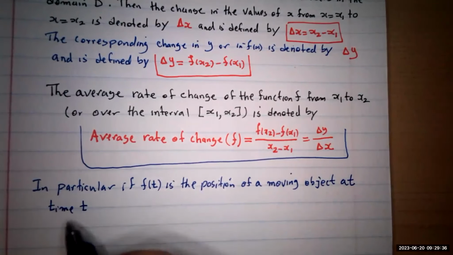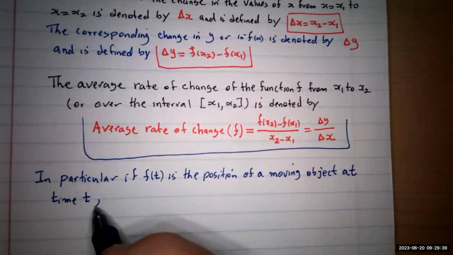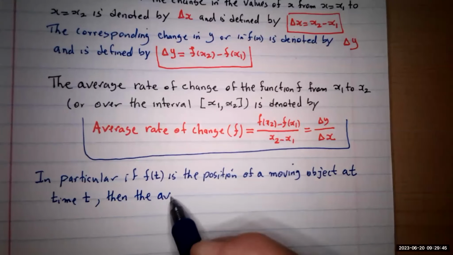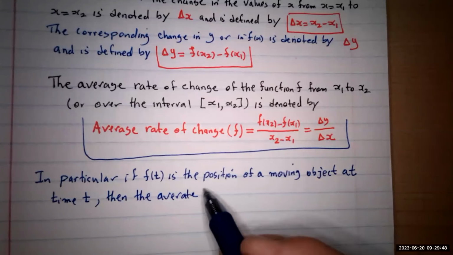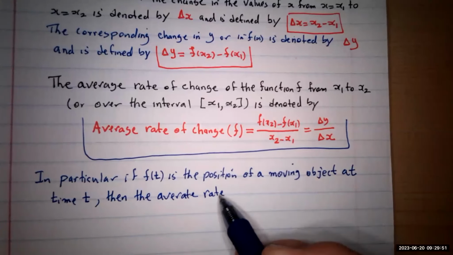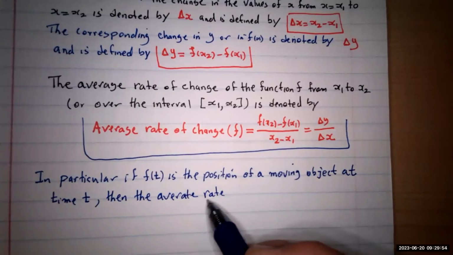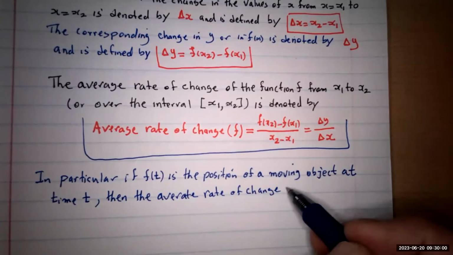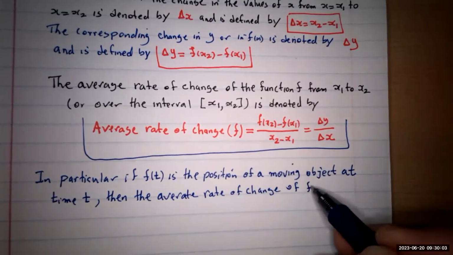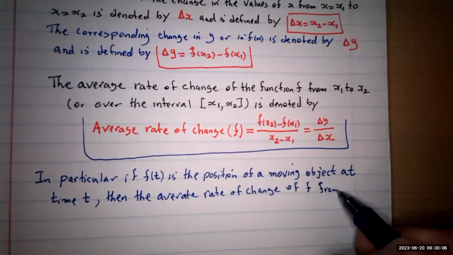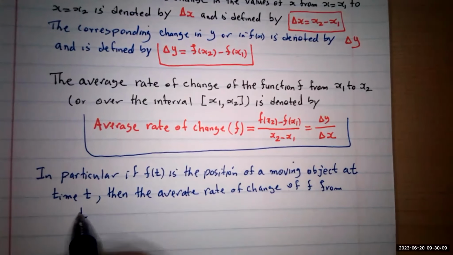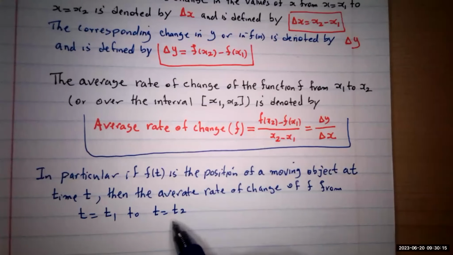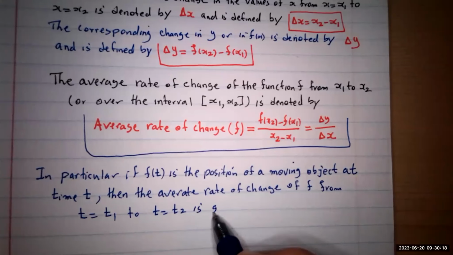Okay, so we change the x into the t, then the average rate of change of the function f from two different times, from t equal to t1 to t equal to t2, is going to be given by the formula.